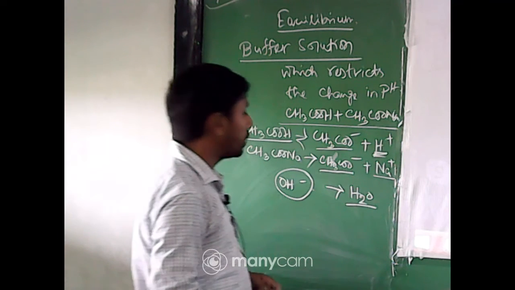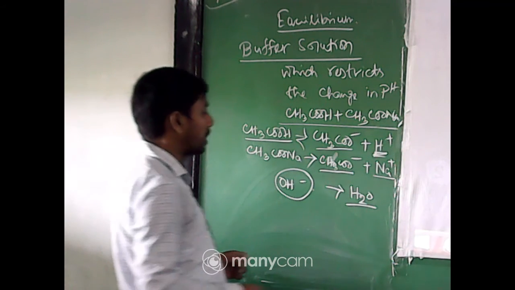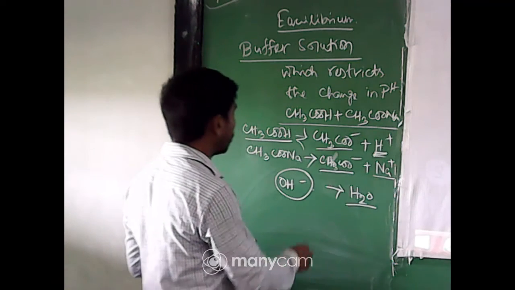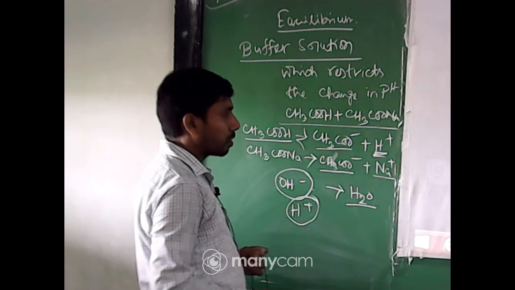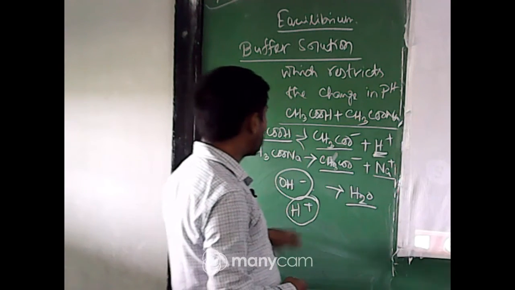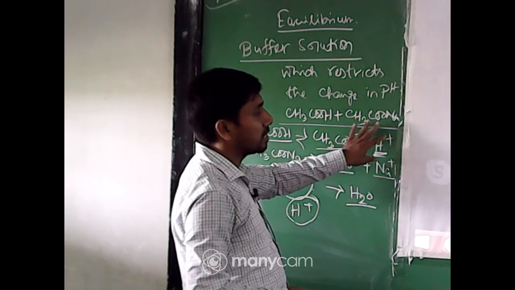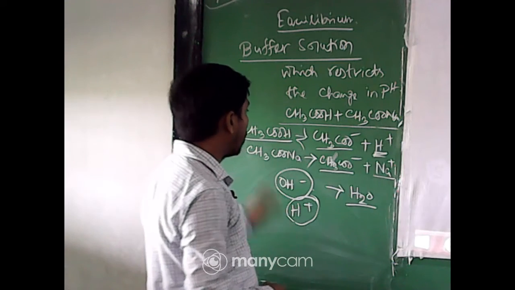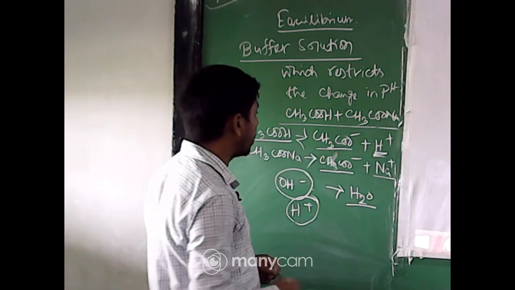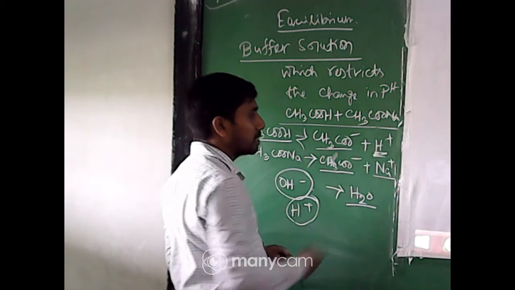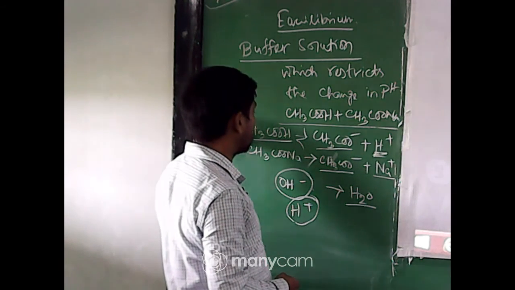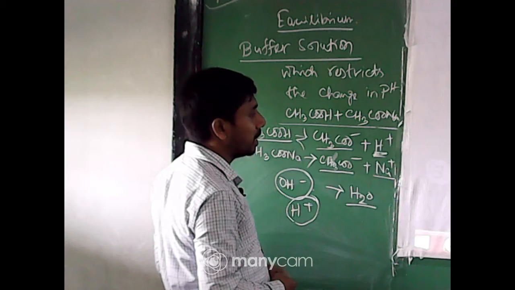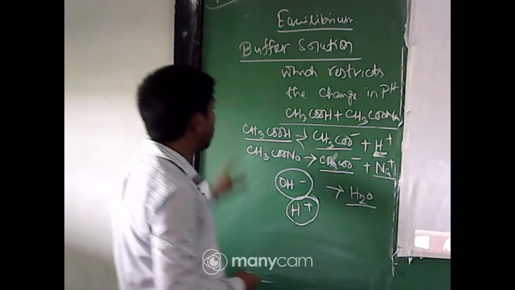In another way, if we add H+, that is acid, then what happens? The concentration of H+ increases on the product side. Now, by Le Chatelier's principle, when the concentration of H+ increases, the reaction will move in the backward direction, that is, the production of CH3COOH will be higher.